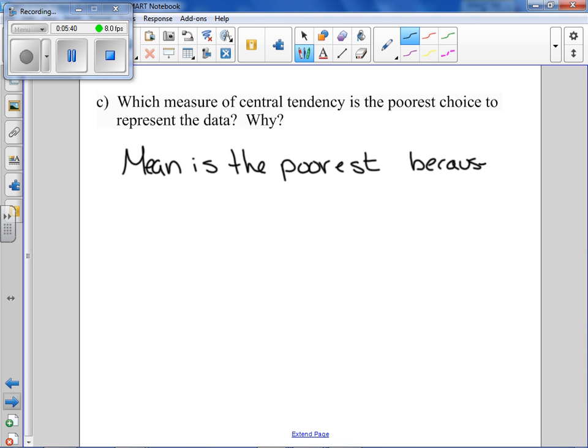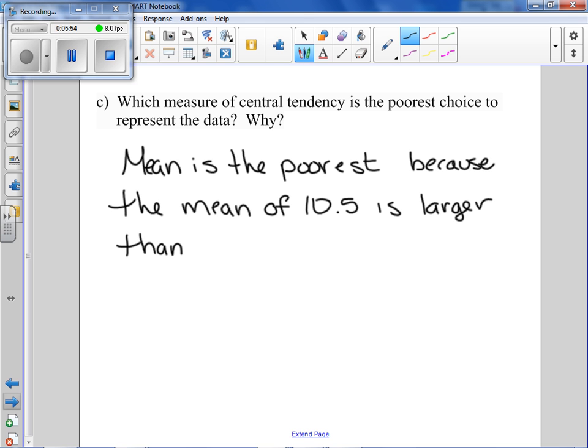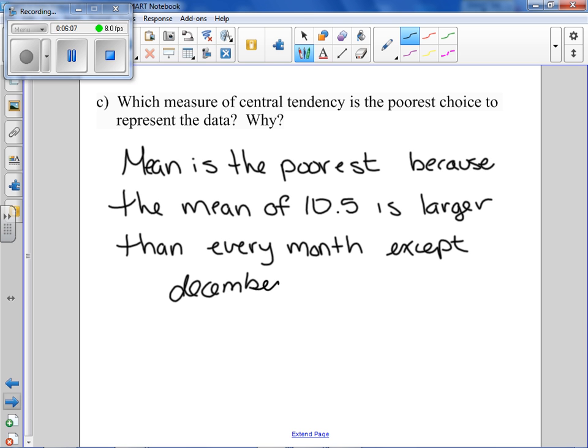Because the mean of 10.5 is larger than every month except December and January. Right? The average really should be only bigger than about half, and it should be smaller than half, roughly. And here the mean is completely off.